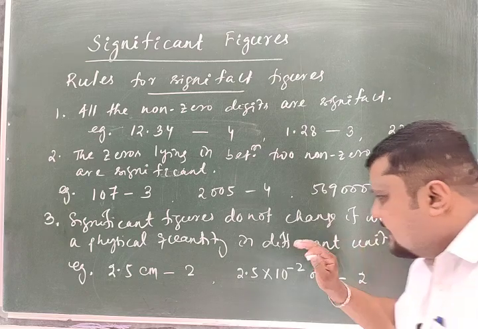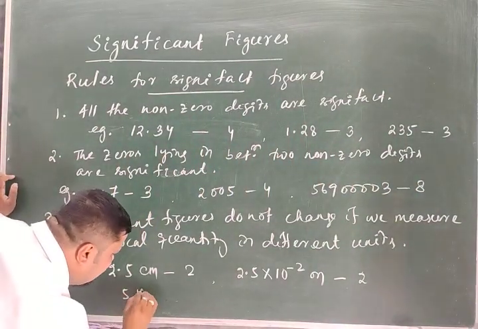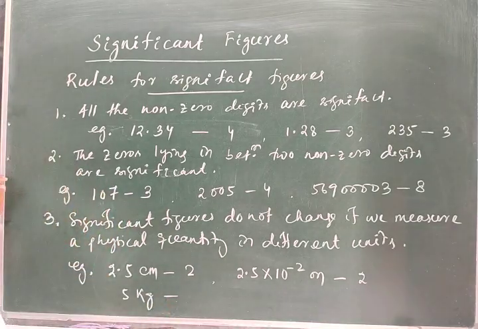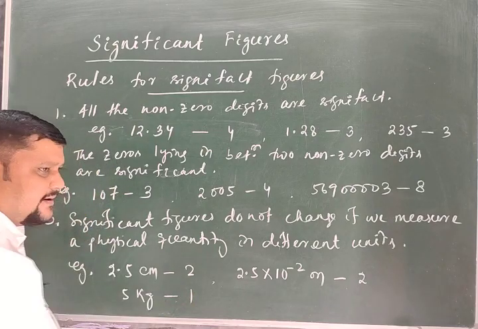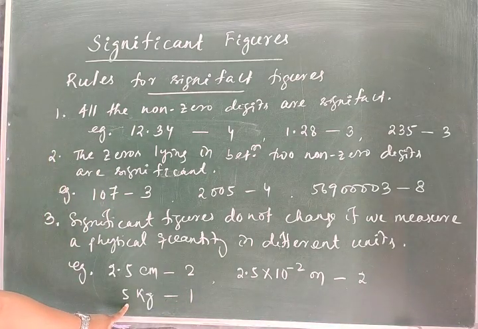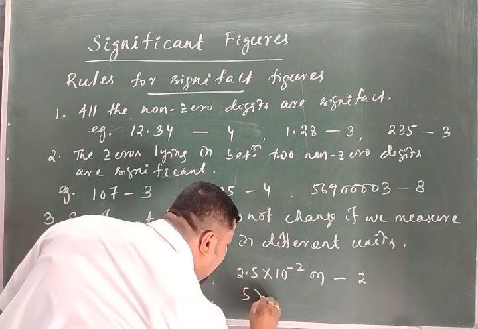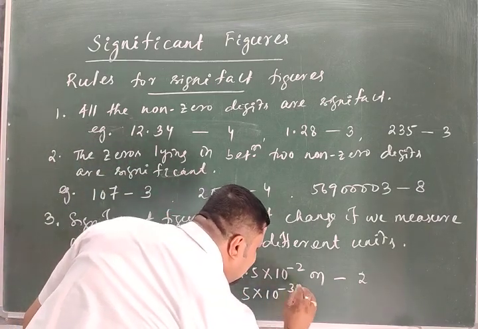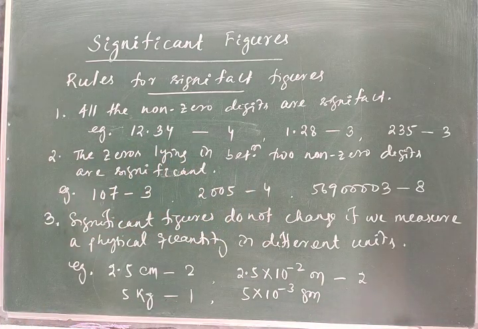Clear? Similarly, suppose I have 5 kg. What is the significant figure? It is 1. If you write that in gram, I can write this as 5 into 10 to the power minus 3 gram, as 1 kg equals 10 to the power minus 3 gram.